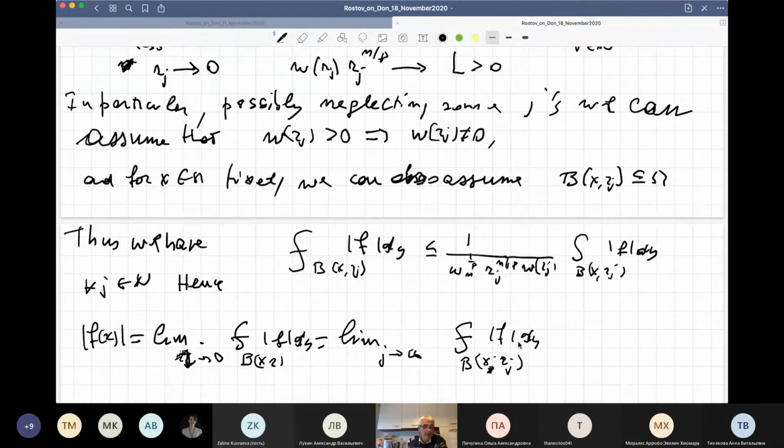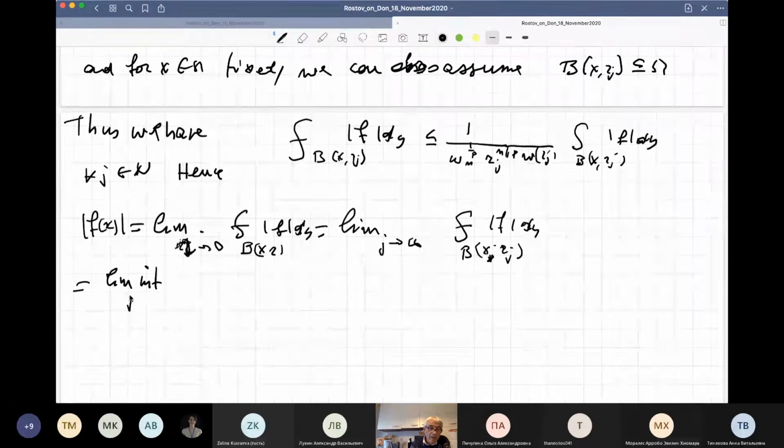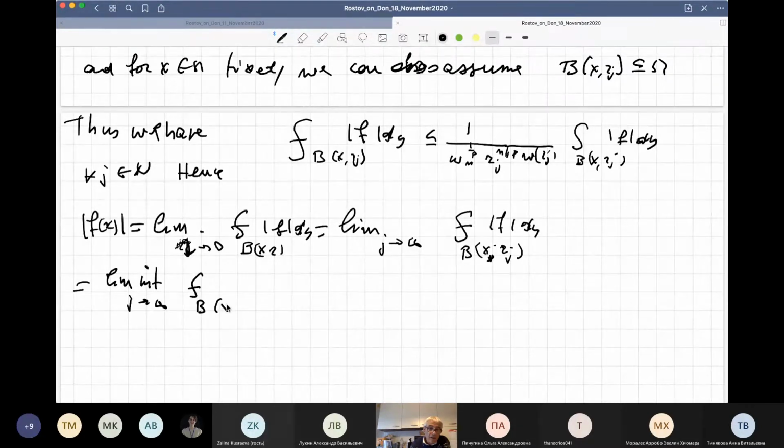But the limit is also equal to the inferior limit. But this is less or equal than the inferior limit, because of the inequality that we proved. It's the one which is here. This inequality here, okay?